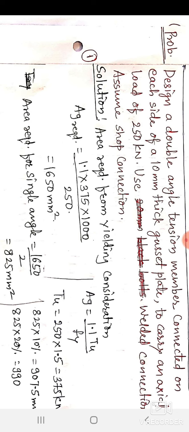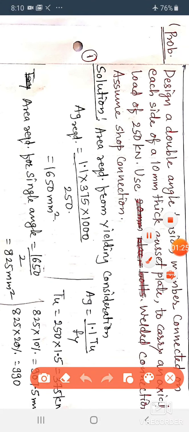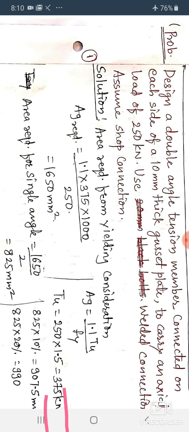So very first step is calculate the gross area required. The formula is AG equals 1.1 Tu upon Fy, where Tu is nothing but the factored load. So 250 into 1.5, that gives you the 375 kilonewton.